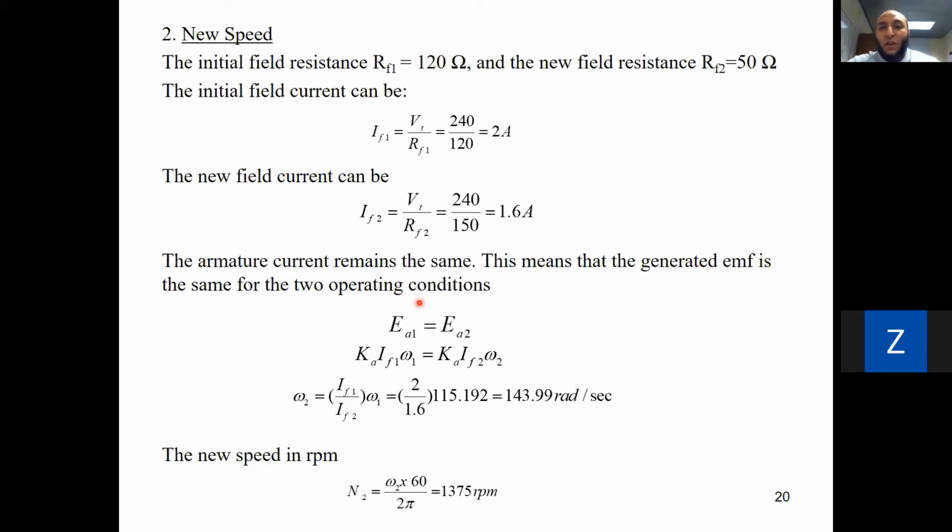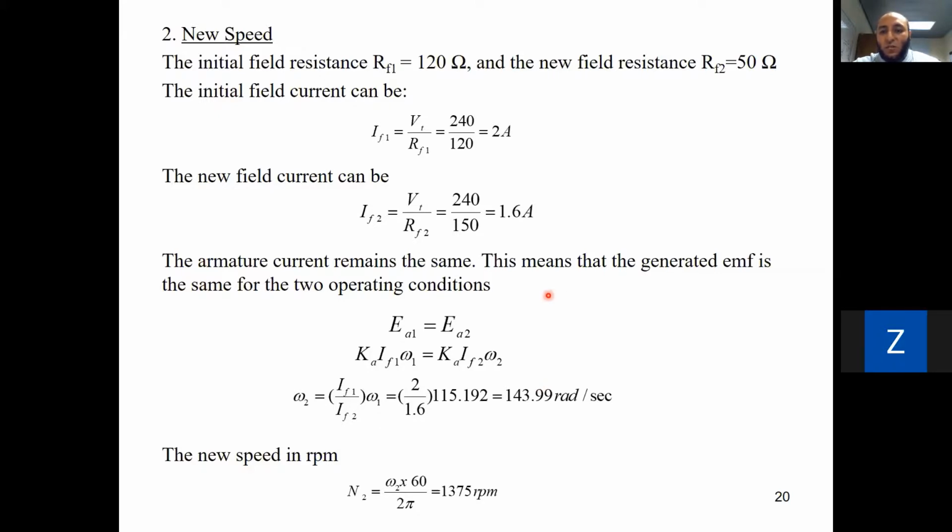So if E is the same for both cases, we can say that Ka, which is a machine constant, multiplied by IF1 omega 1 equal to Ka multiplied by IF2 omega 2. Of course K is based on the machine design, so it's constant. So we can compare now the two field currents with the two speeds to get the value of the new speed.